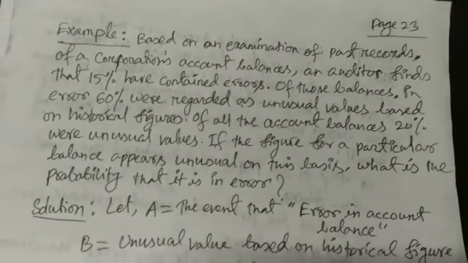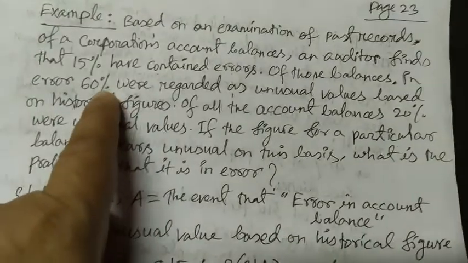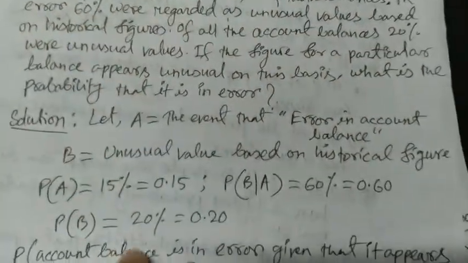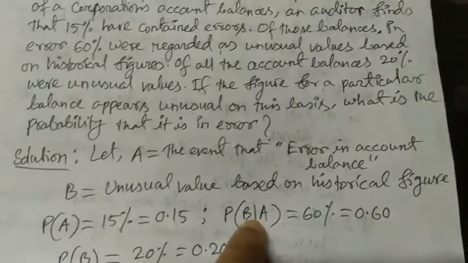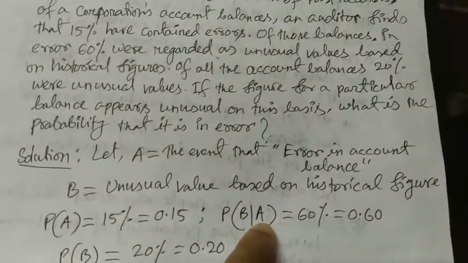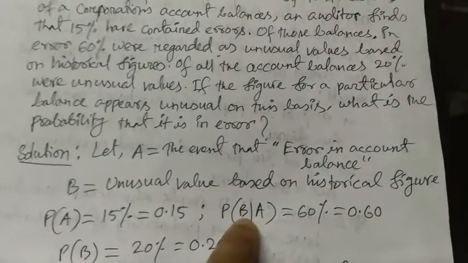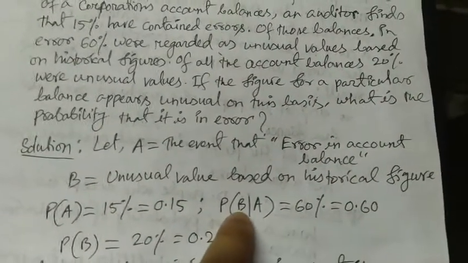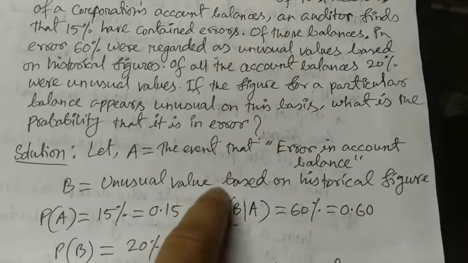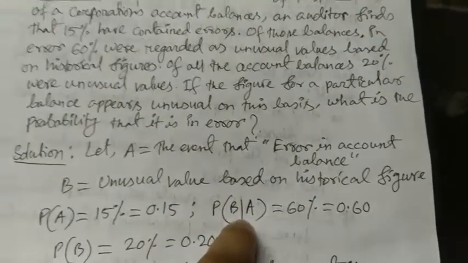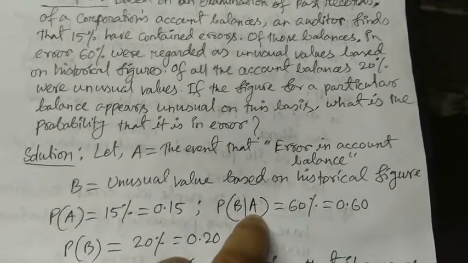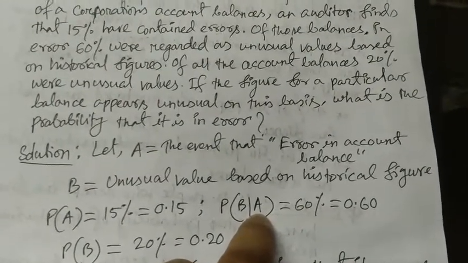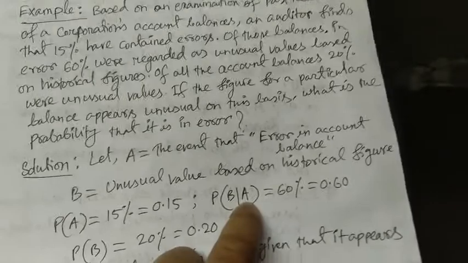This is the probability of B given A. That means the probability of unusual value based on historical figures out of the accounts already found in errors.